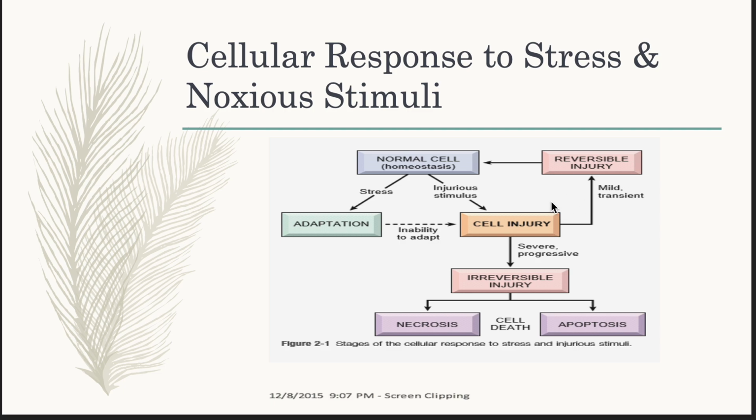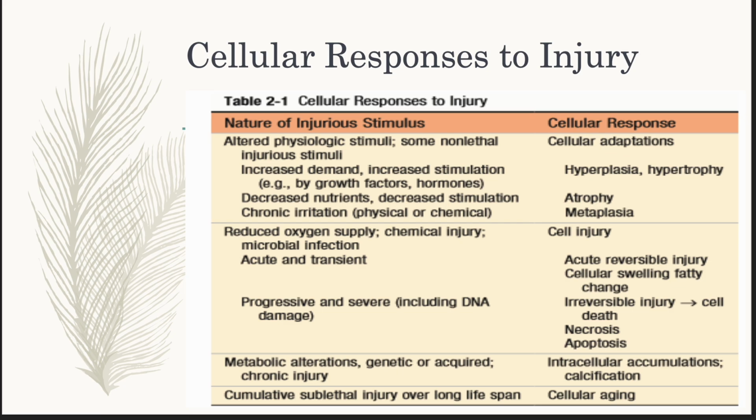If the cell injury is mild, it can still be reversed. It can return to being a normal cell. But if your cell injury is severe, the injury can be irreversible. You cannot go back, it can no longer become a normal cell. So, that will lead to cell death. Cell death will manifest as either your apoptosis and your necrosis. So, I hope this is very clear. This is the stages of the cellular response to stress and injurious stimuli.